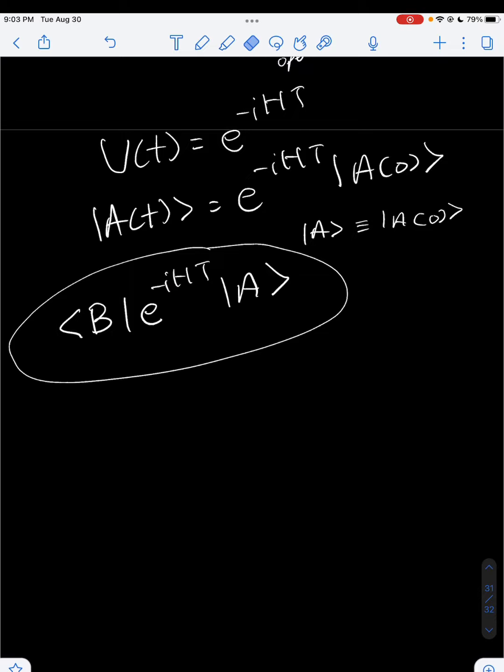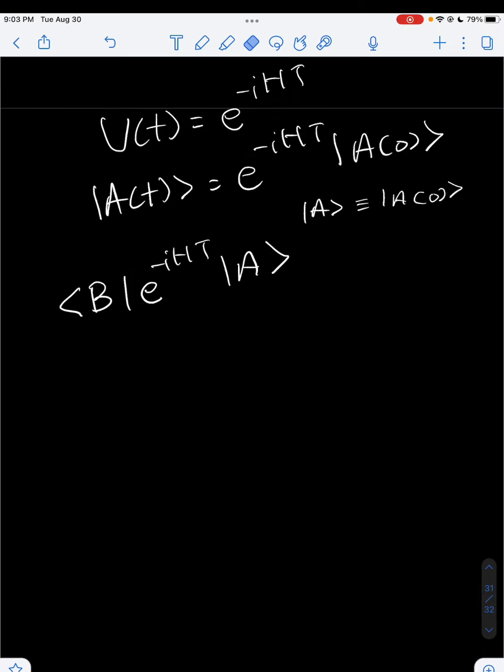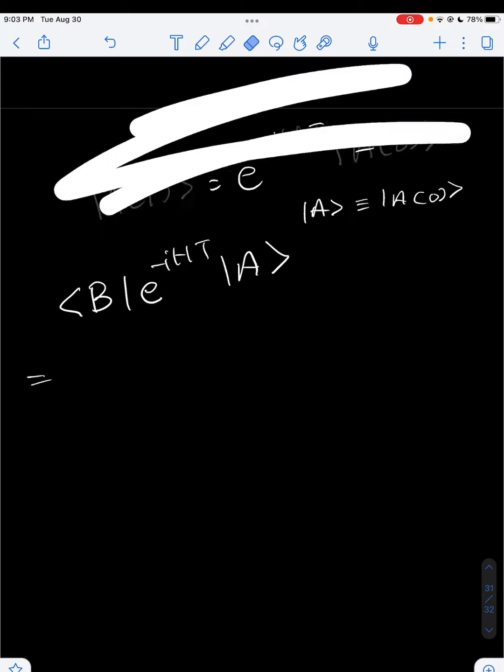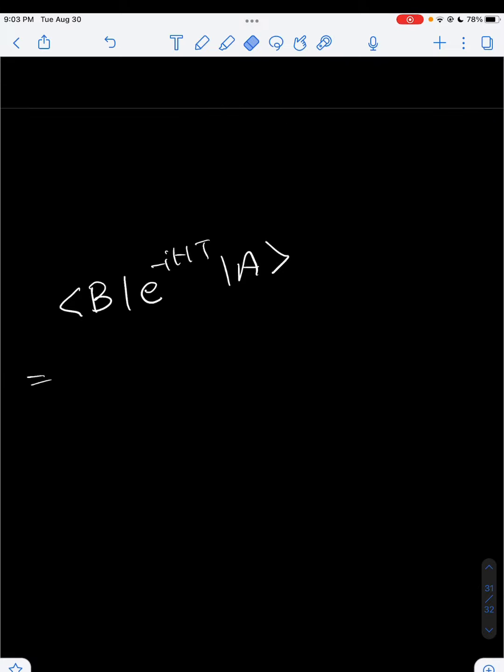So what can we actually do now? Well, what we can do is we can say that this expression is going to be equal to B times e to the minus iHt over n, raised to the nth power.